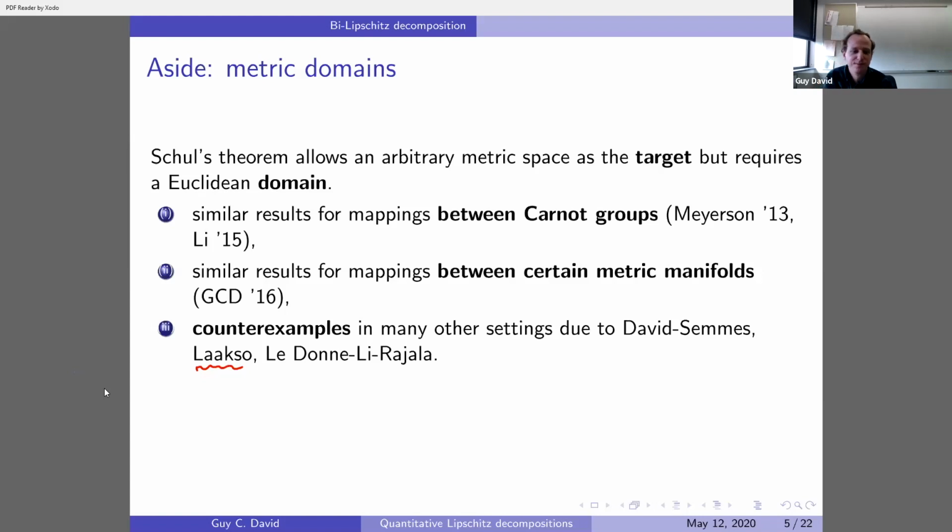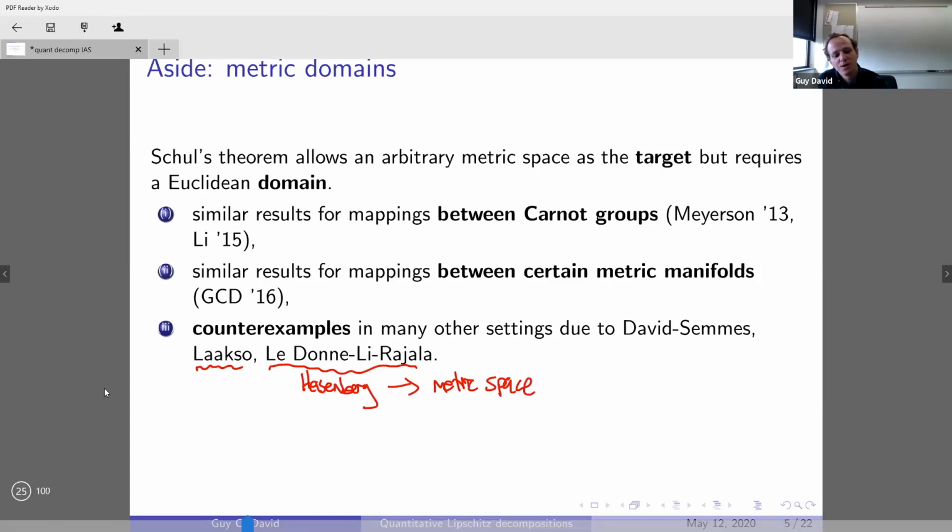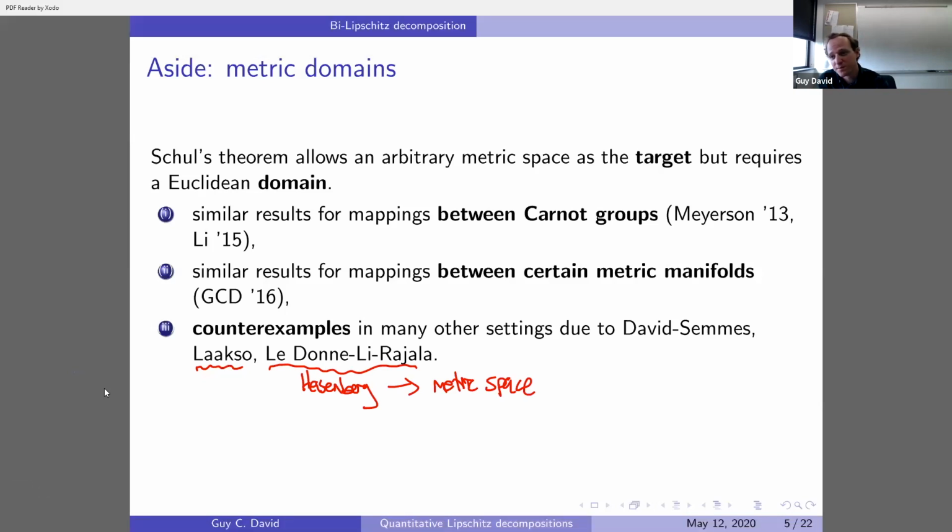And there's a very interesting paper of Ladonna, Lee, and Raiola, where they show that if you have a mapping from the Heisenberg group, so it's one of these Carnot groups, to a metric space, these results can fail. Between two Carnot groups, from the Heisenberg group to another Carnot group, you have such a theorem. But from the Heisenberg group to a general metric space, you don't have such a theorem.